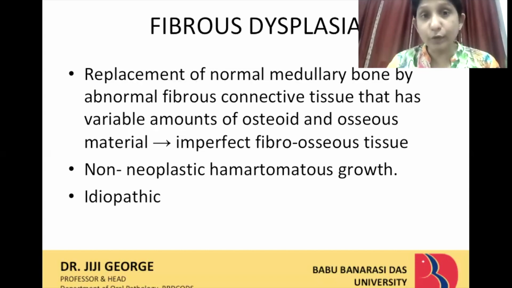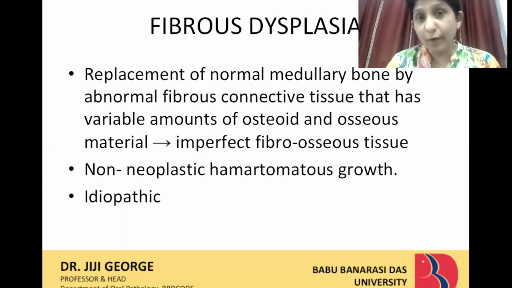But the difference between the original bone which was resorbed and these new osteoid areas which are formed is that the new bony spicules are imperfect. They're not functional bone. Functional bone is what resorbed a while back and got replaced by fibrous connective tissue.